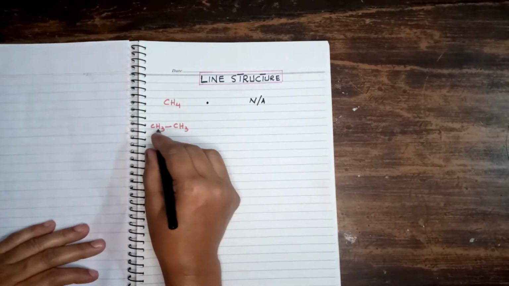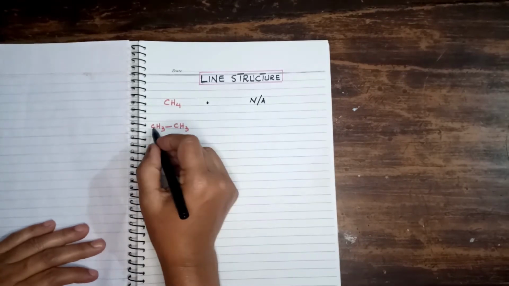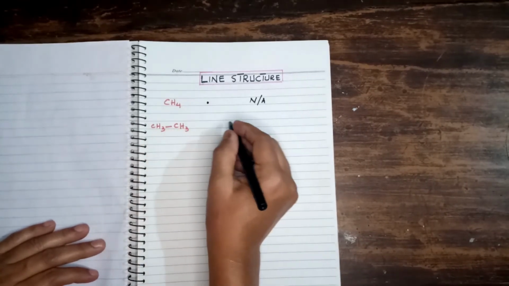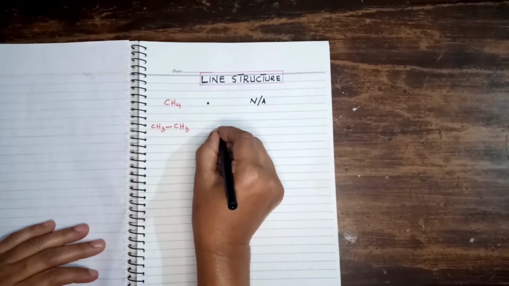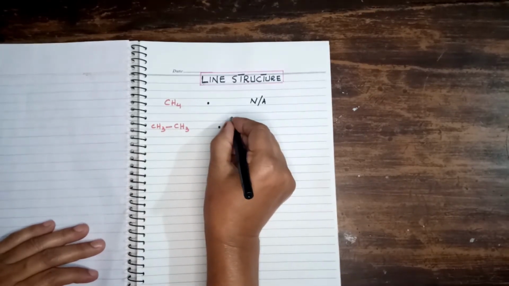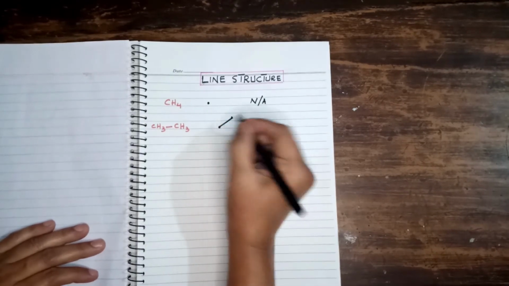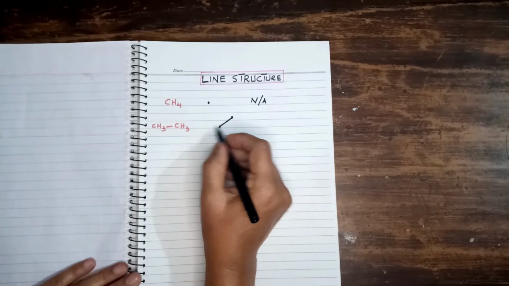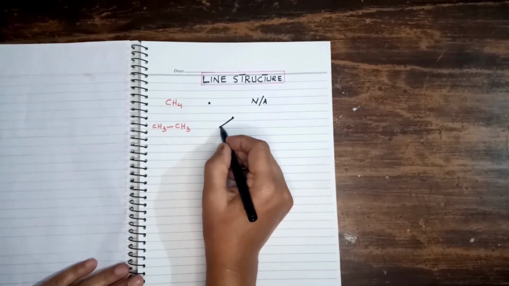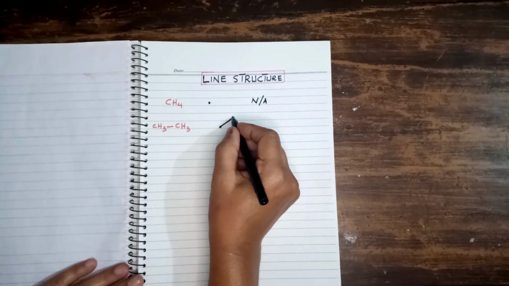There are two carbons, so we write one dot for one carbon and one dot for the second carbon, and we connect both of them. So if we have a hydrocarbon made up of two carbon atoms, we draw a single line like this to represent two carbons.